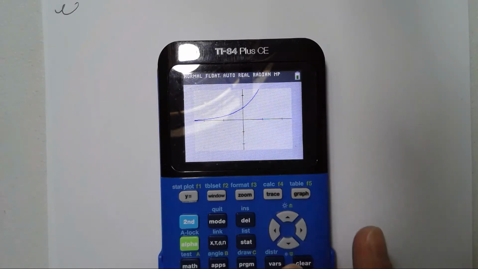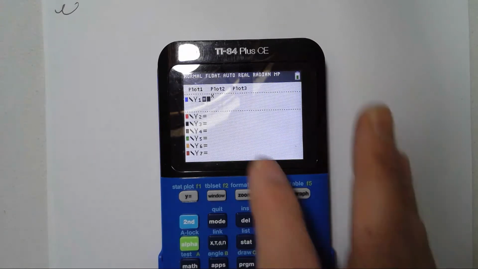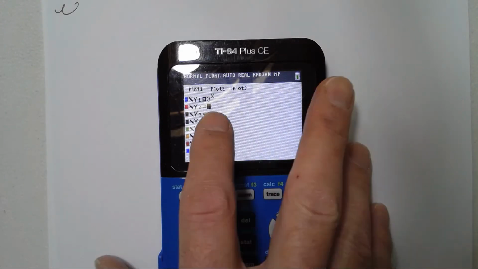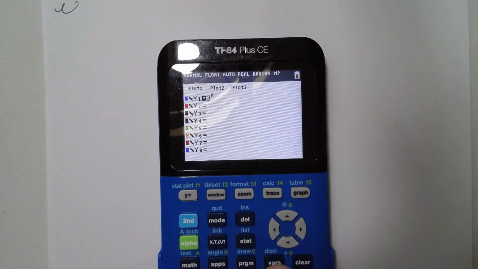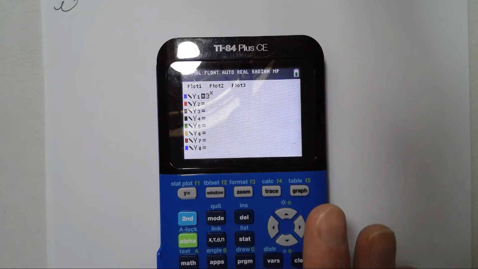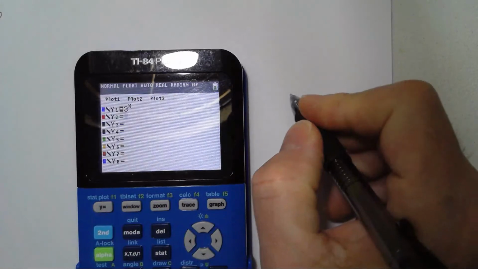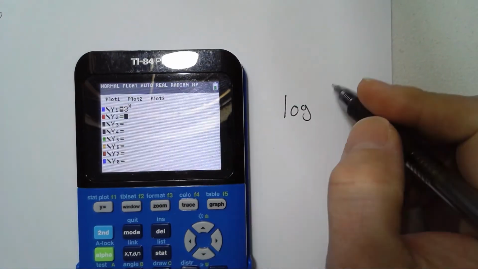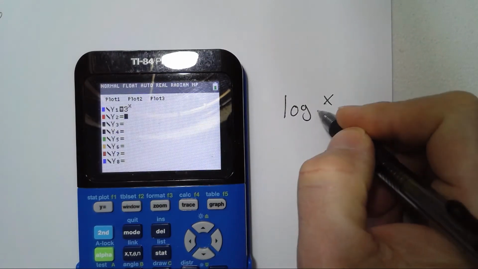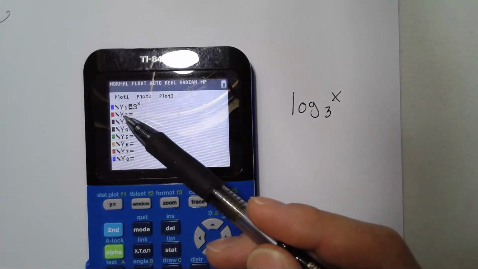And up to this point in math, you have not even dealt with something called a logarithm. So the inverse of 3 to the x is the log of x base 3.